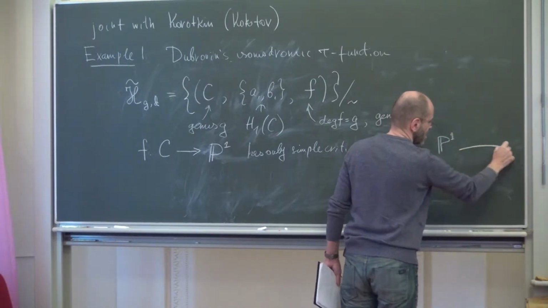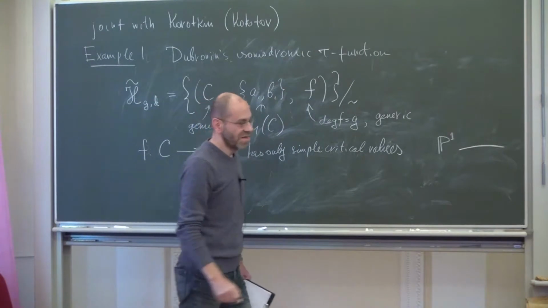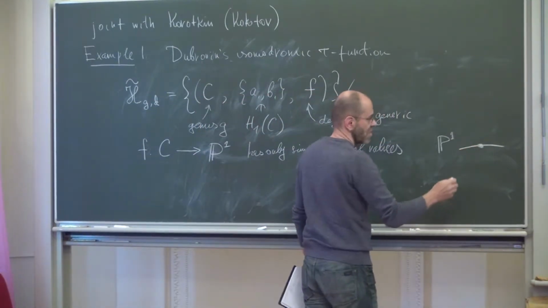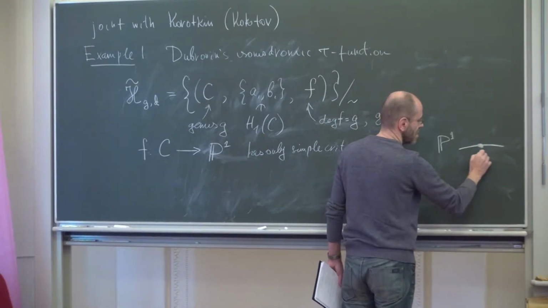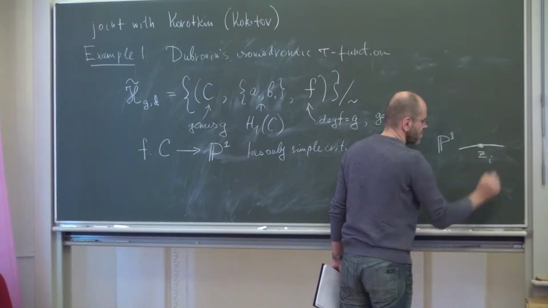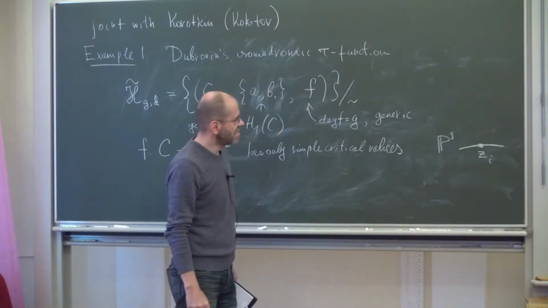So this is a projective line. Let's take a critical point, a critical value. We will denote the critical values by z_i.